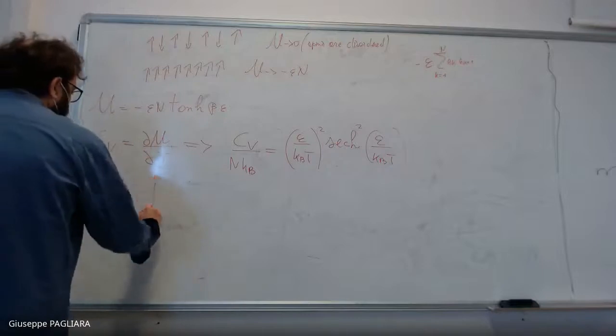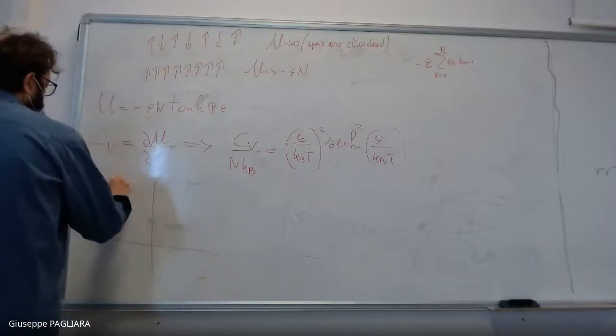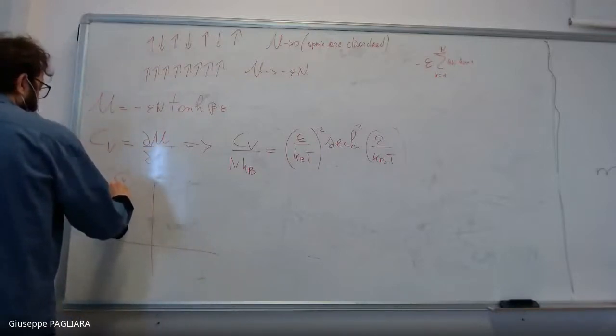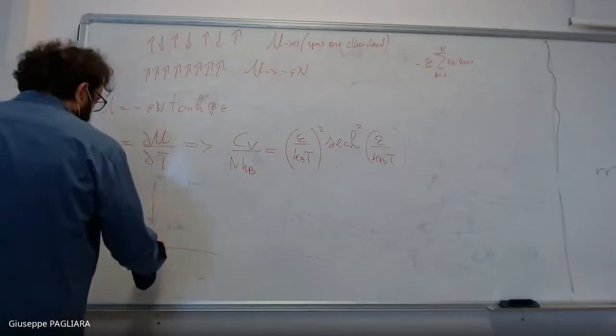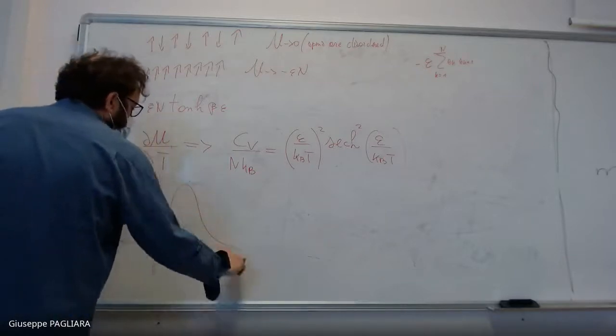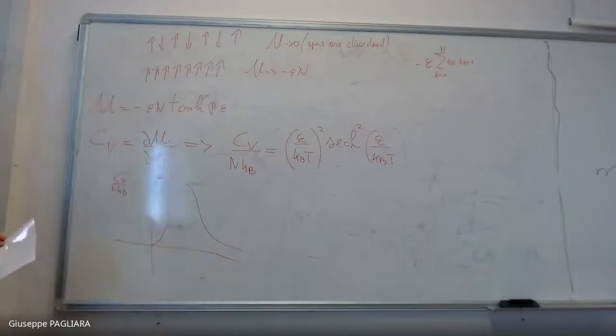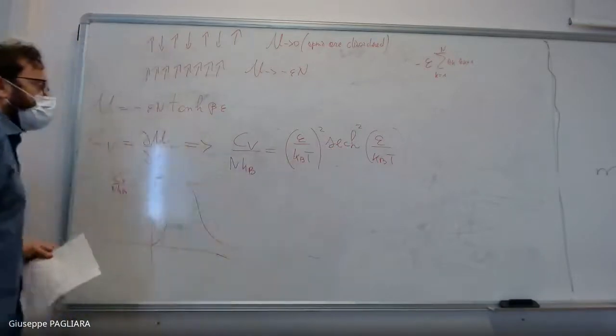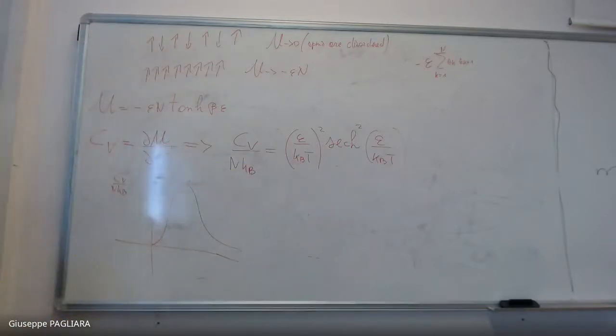If you make a plot of C_V divided by N k_B, we have a very smooth behavior of the heat capacity, which for T equal to 0 is going to 0 because I have this term that dominates, and also for T going to infinity is going to 0.